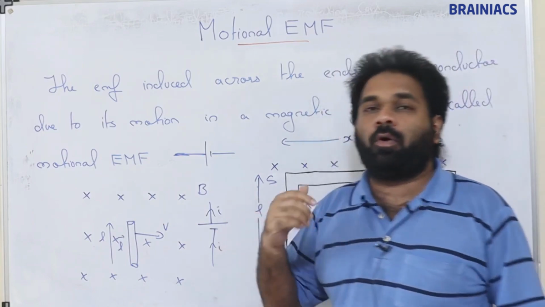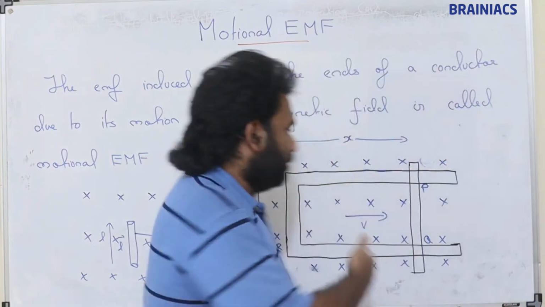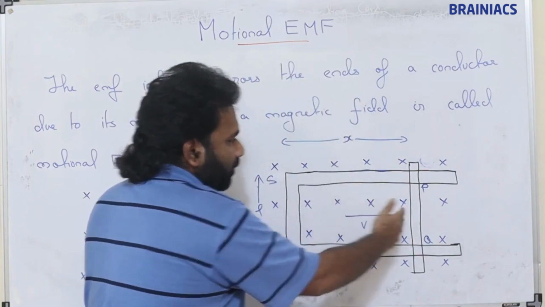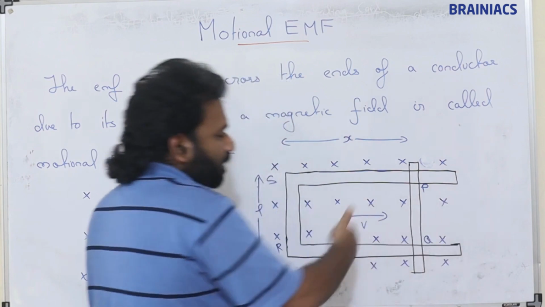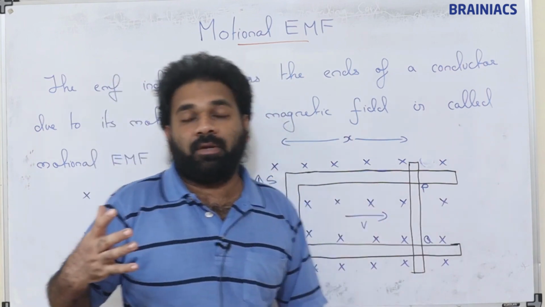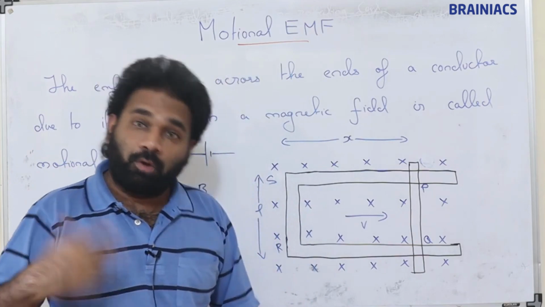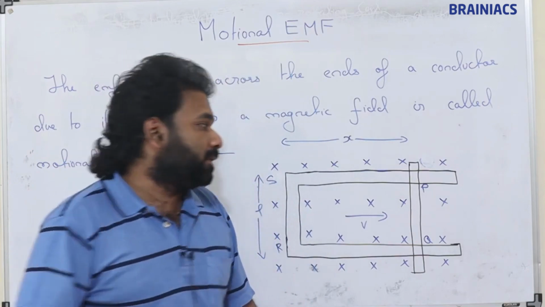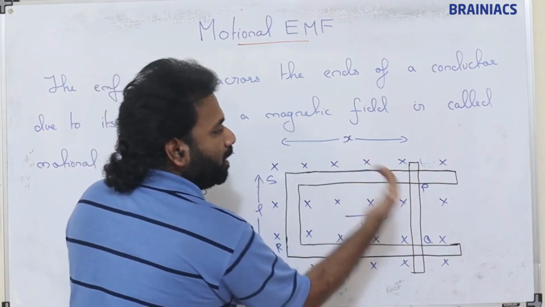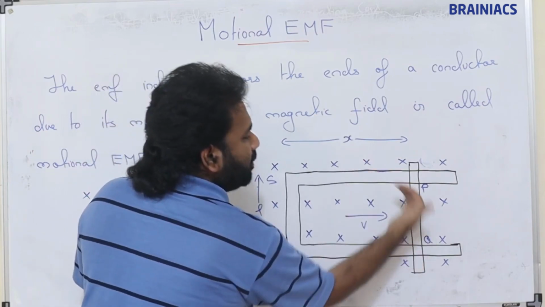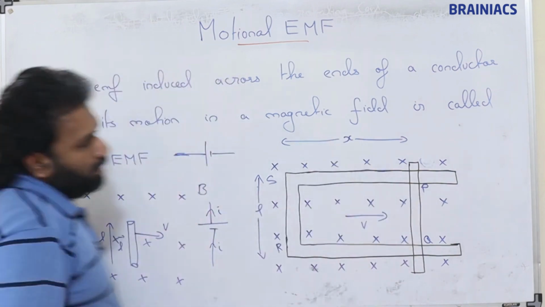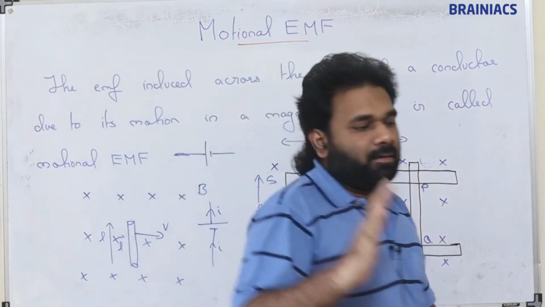We can say that the cross magnetic field is increasing here. In this loop, inside this area, if it is moving, then this also will come inside. Cross magnetic field is increasing, so we should make dot magnetic field in order to decrease it. What will be the direction of dot magnetic field? This one. Then this will be the direction of current, anti-clockwise, same thing here. Clear? We will discuss that again, no worries.